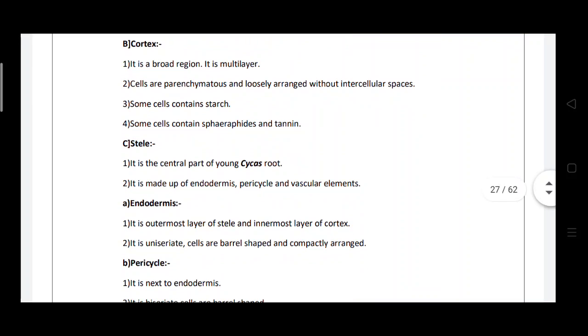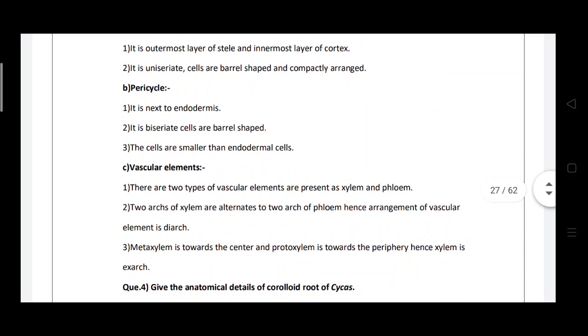The stele again contains three parts: endodermis, pericycle and vascular elements. In the vascular elements, most important, there are two arcs of xylem alternate with two arcs of phloem, so the condition is diarch, and the protoxylem is present towards the periphery and metaxylem towards the center. That's why the condition is called exarch. So these are some important characters of the young roots of the cycas plant.